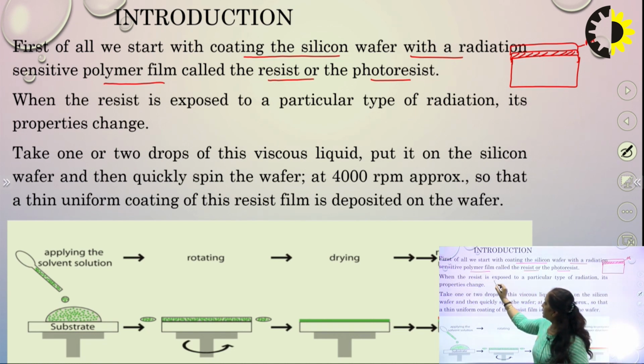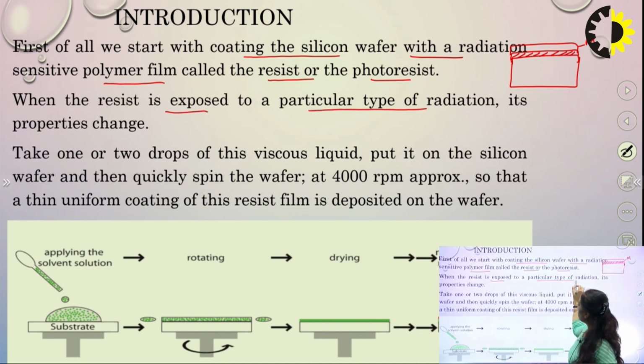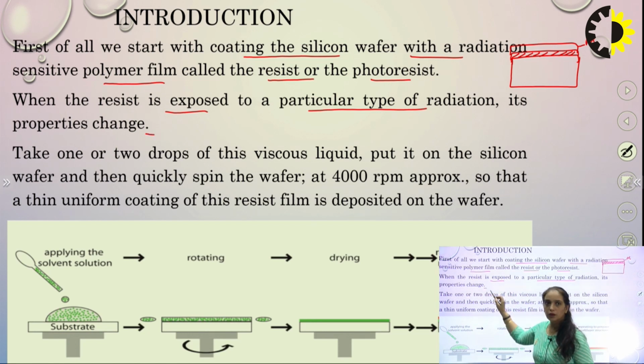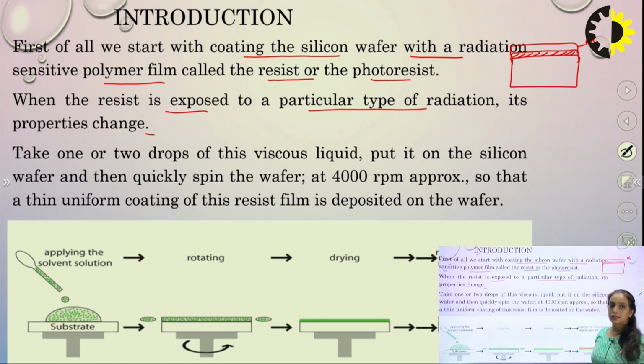When the resist is exposed to a particular type of radiation, the properties of this PR material will be changed. Depending upon the PR material we are going to have for each photolithography process, different types of radiations will be used for each material.